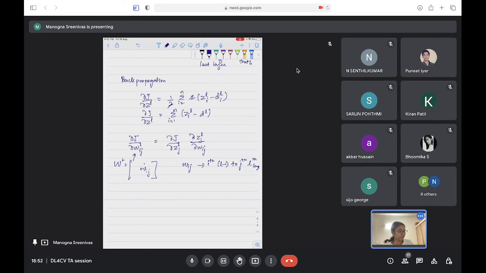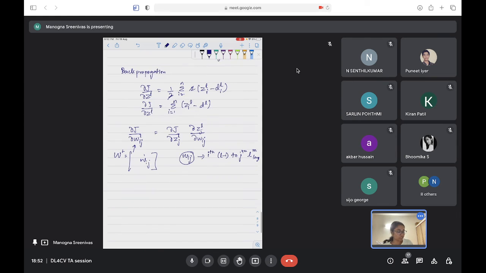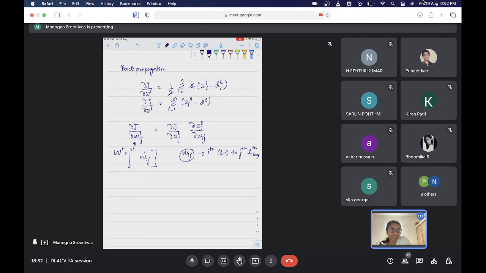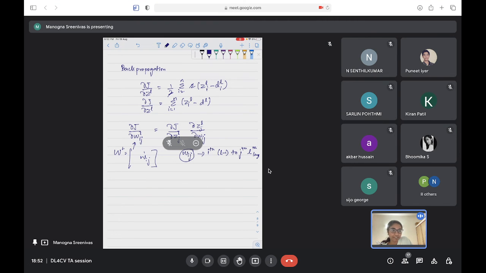So only Z_jL is affected by all these weights, right? This is what the chain rule of differentiation gives. Are you following this? I'm sorry if you're not. If you have any doubts, please ask me.